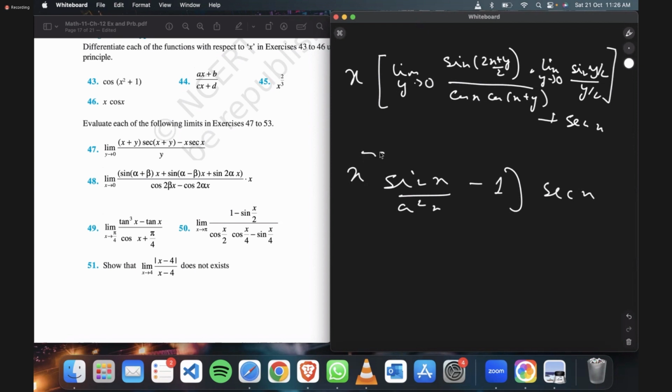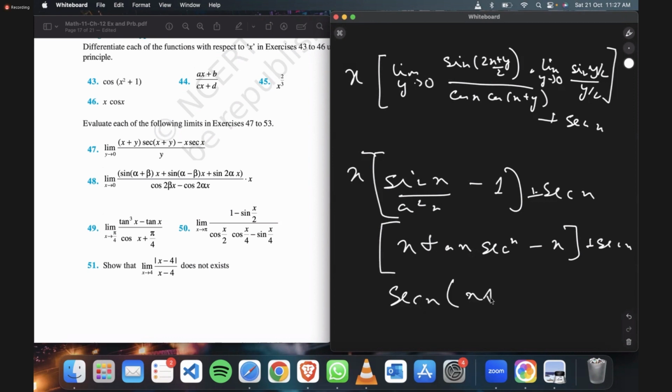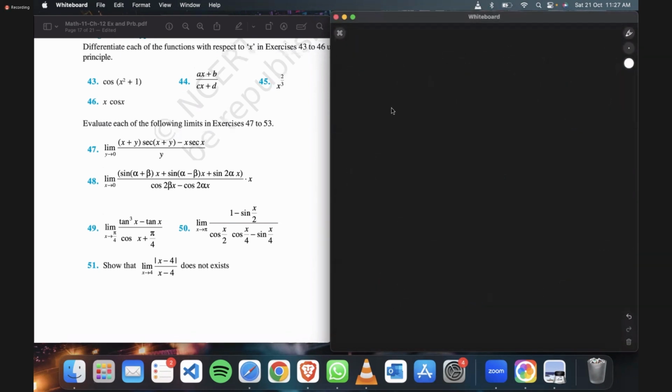So this is basically x tan x sec x, plus sec x as well. I can take sec x common, and I'll be left with sec x (x tan x plus 1). So this is your final answer.